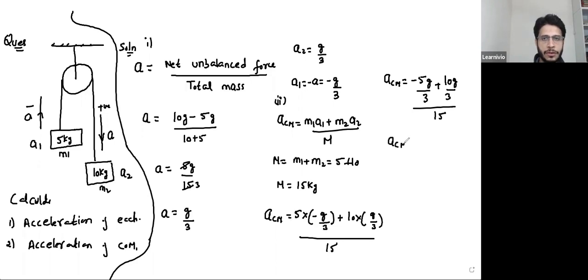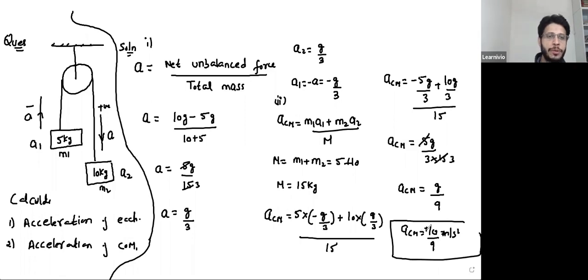So it is 5g by 3 into 15, which gives g by 9. With g as 10, it's 10 by 9 meter per second square.